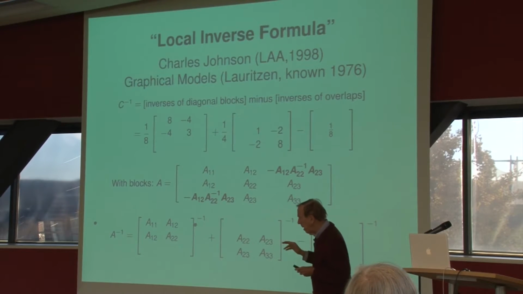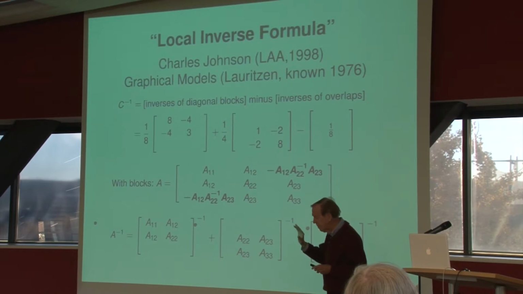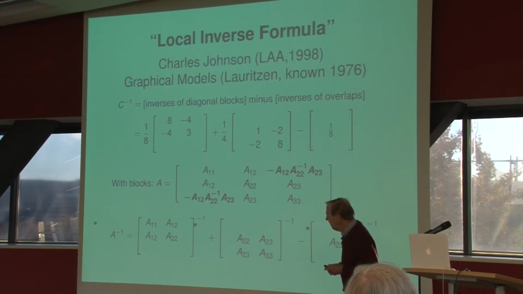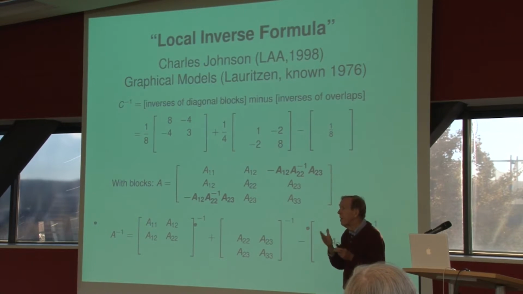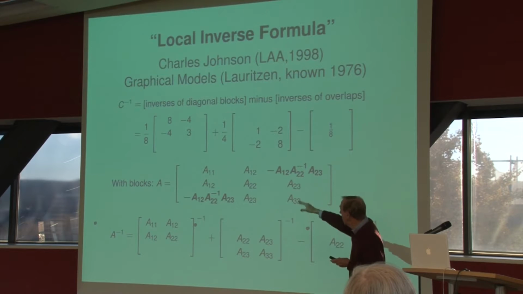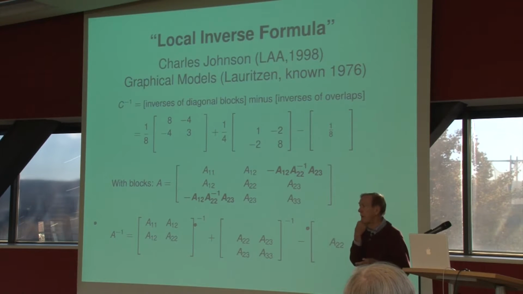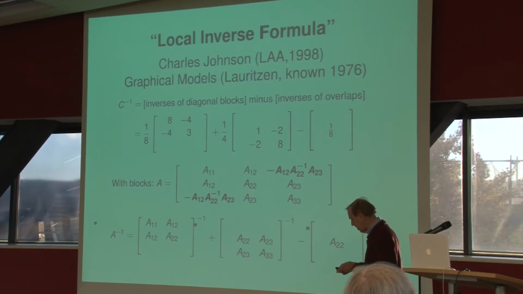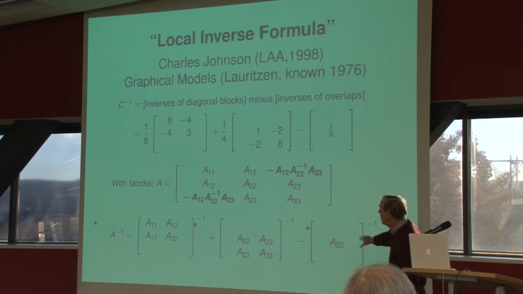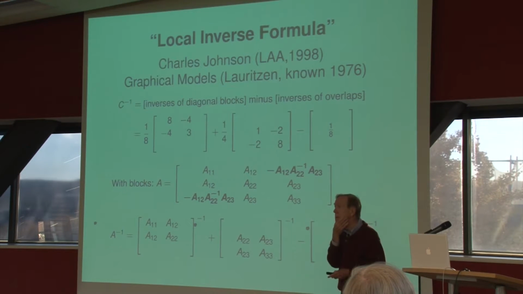I met it in papers by Charles Johnson, and then in Oxford last summer, I saw some statistics literature, older, 20 years before the math literature, that seemed to have this amazing inverse, local inverse, I would call it, because each of those steps there is a local 2 by 2. And if we had a bigger matrix, of course, we would have many 2 by 2s, subtracting many 1 by 1s. And it is in the statistics literature.